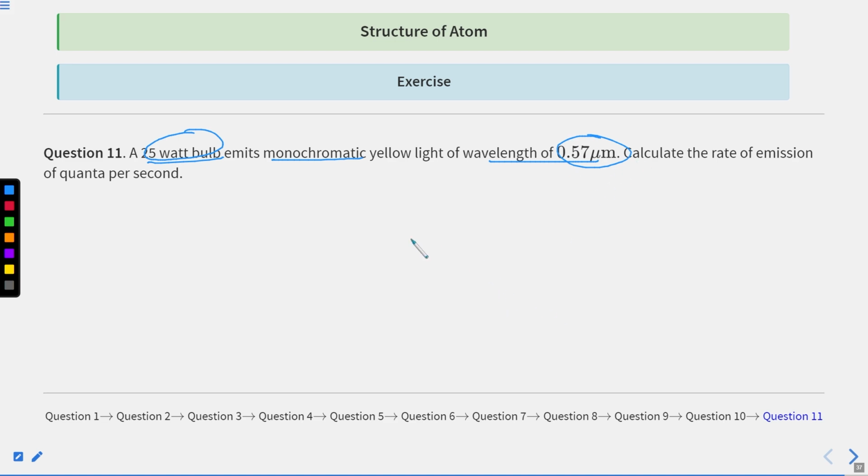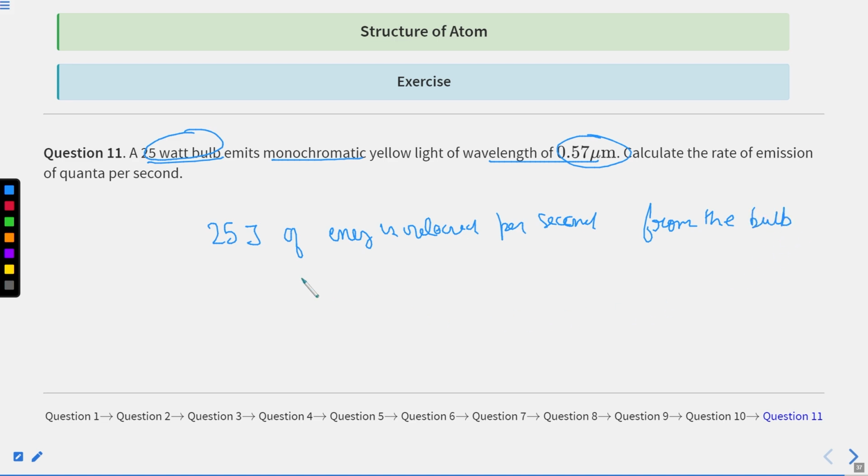So how will we calculate it? So 25 joule of energy is released per second from the bulb. This statement is the meaning of 25 watt from the bulb.